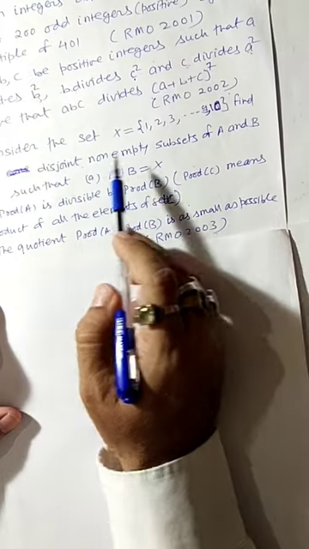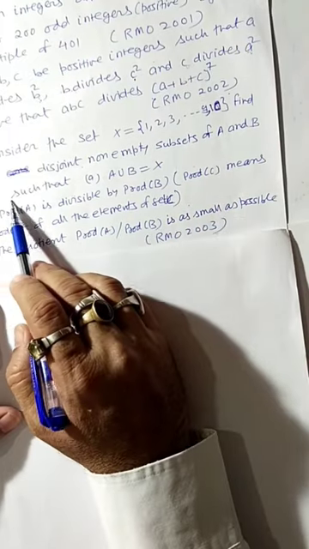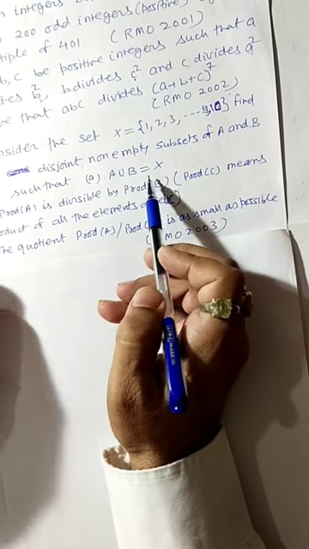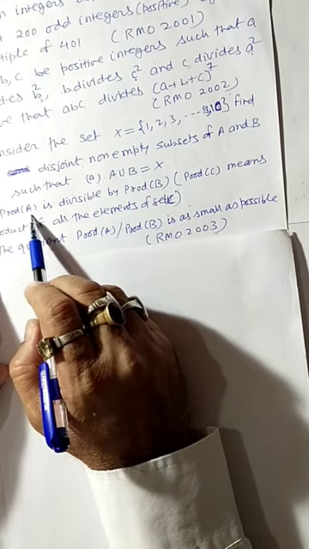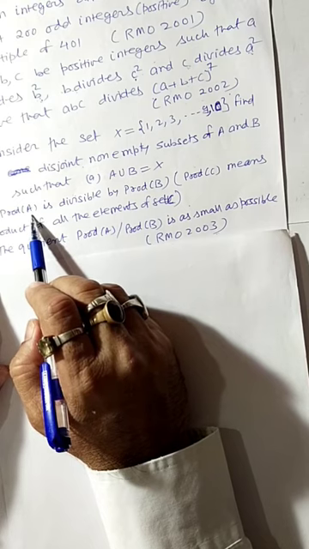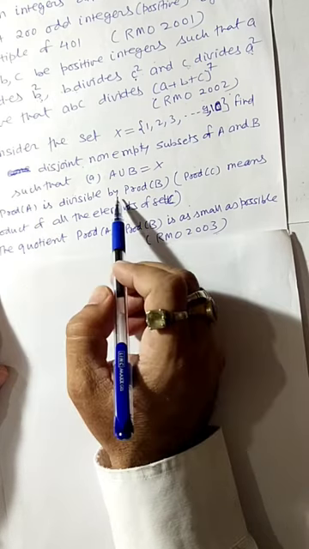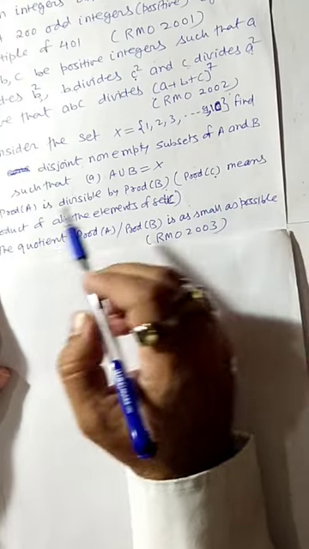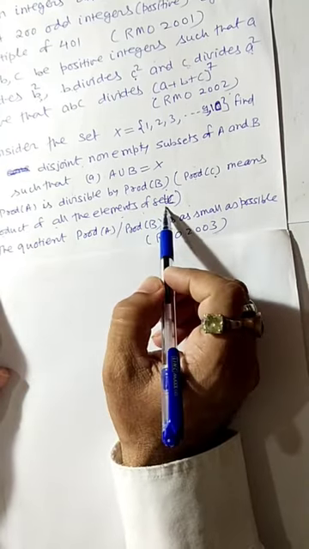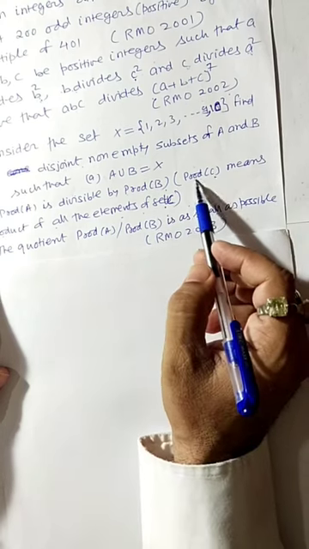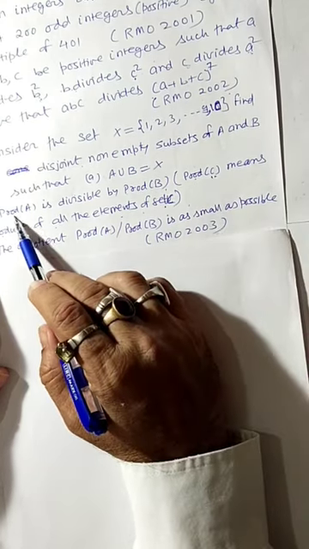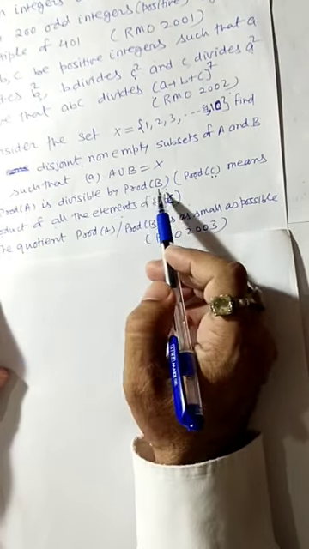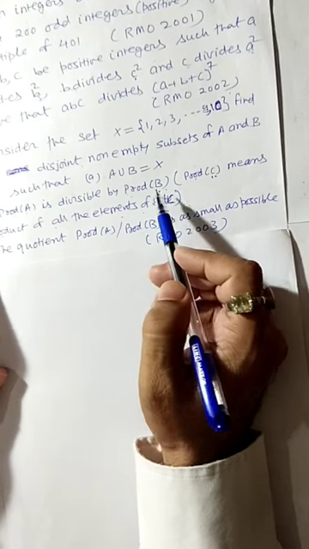Find two disjoint non-empty subsets A and B of X such that A union B equals X and the product of A is divisible by the product of B. Product of C means the product of all the elements of set C. So product A means the product of all the elements of set A, and product B means the product of all the elements of set B.